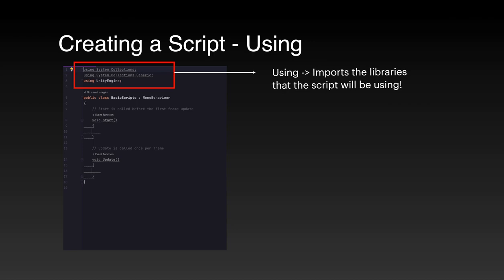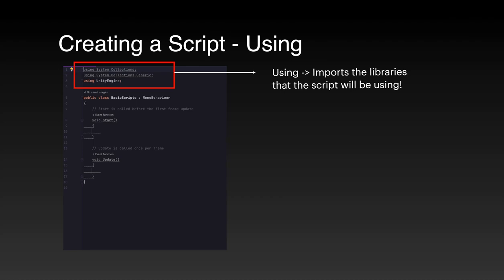This name, BasicScripts, will be the same as the name of the file, so those two need to be the same. One script has one class. It's very interesting to see the way the script is laid out.